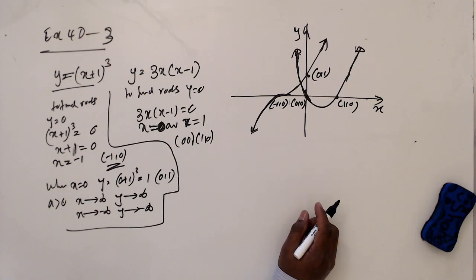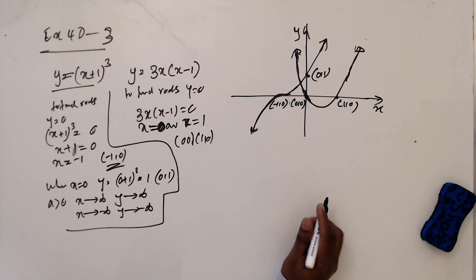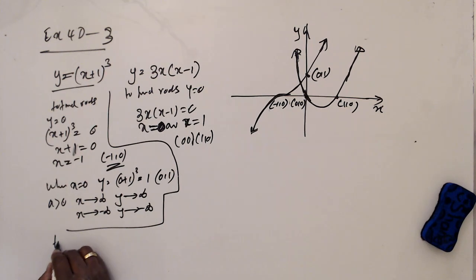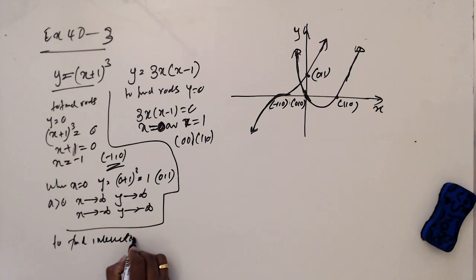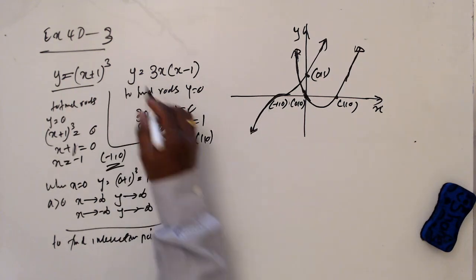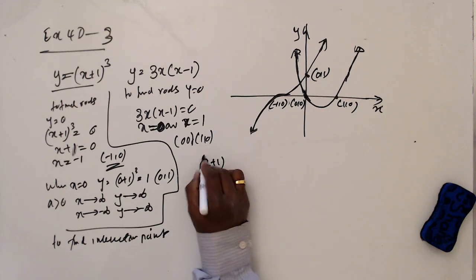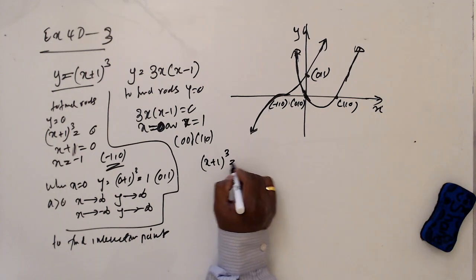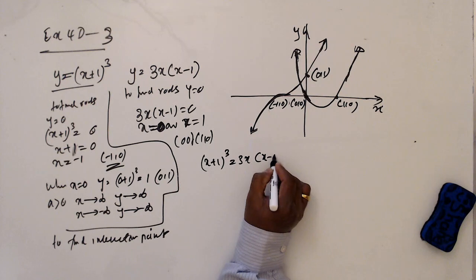Explain how your sketch shows that there is only one real solution to the equation x cubed plus 6x plus 1 equals 0. Now, to find the intersection point, we want to equate those two equations. (x plus 1) cubed equals 3x times (x minus 1).